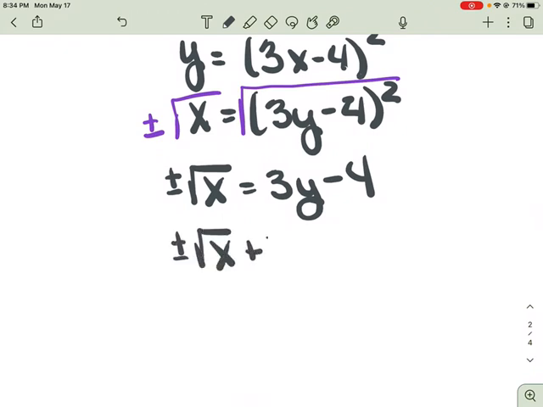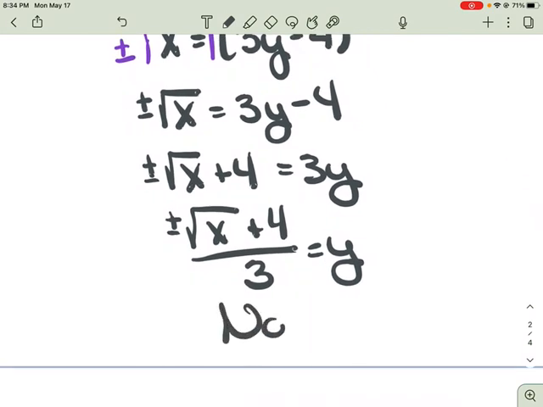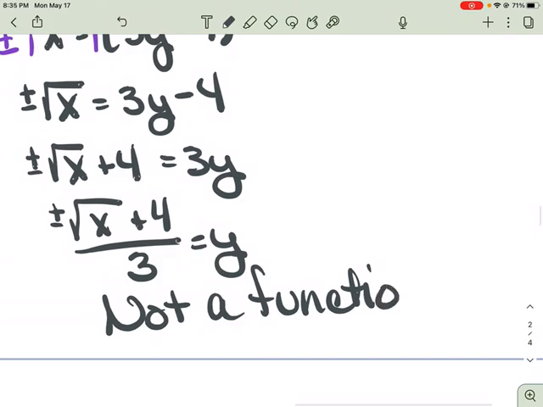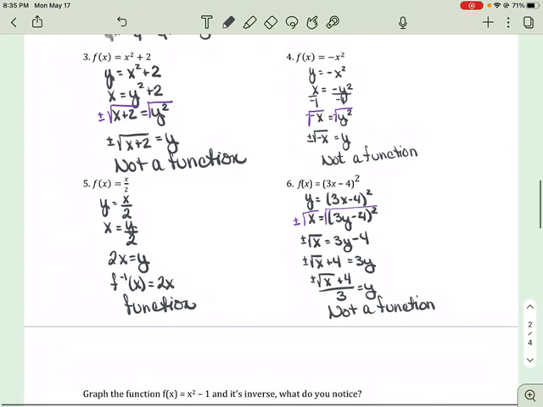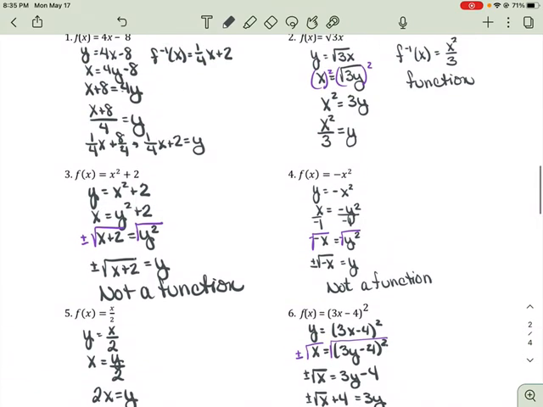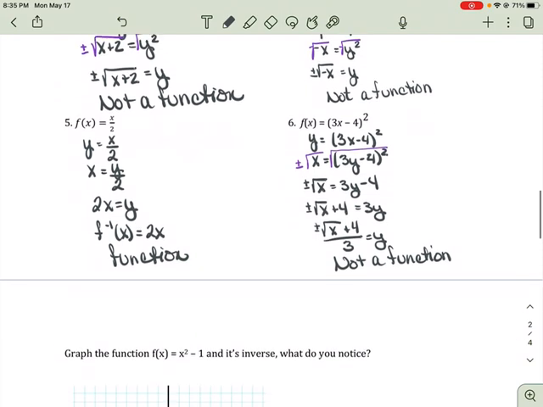Add the 4. Divide by 3. This is not a function because it's got the plus and minus. All right, now everybody okay with the 4-step process?